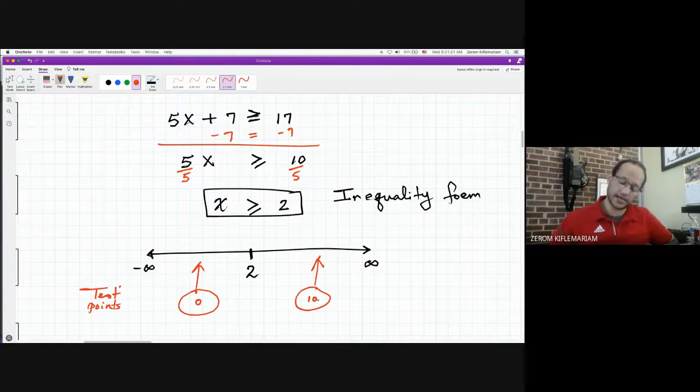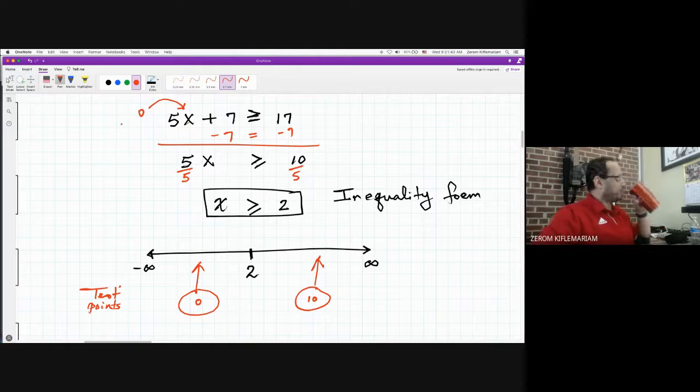On the left side, I have 0. If I plug in 0 here, what happens? 5 times 0 would be 0, plus 7 would be 7. Is 7 greater than or equal to 17? True or false? Okay, one more time.